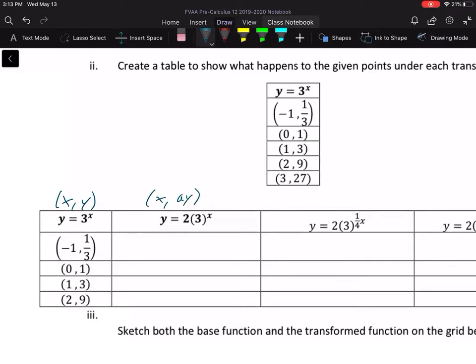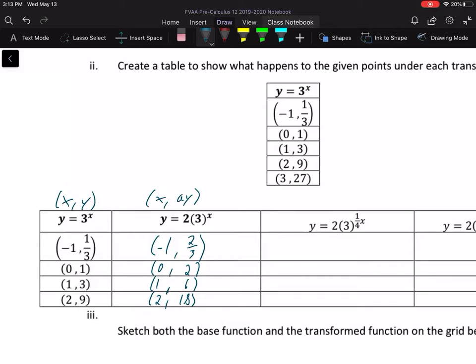So I'm just going to multiply my y value by 2. This is still going to be negative 1, 0, 1, and 2. And then here it's going to give me 2 over 3, 2, 6, and 18. That's what that vertical stretch does.